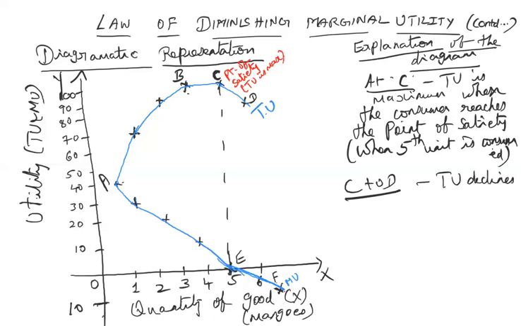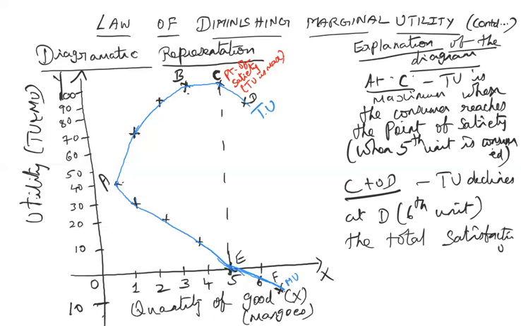Or in other words, at D, that is when the consumer consumes the sixth unit, the total satisfaction decreases, isn't it? So this is what we have represented in the diagram. The same thing you have to explain in the form of sentences or in words also. So this is as far as the total utility is concerned.